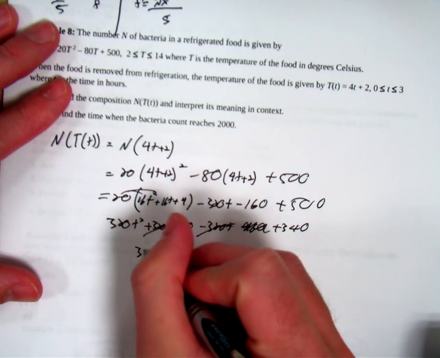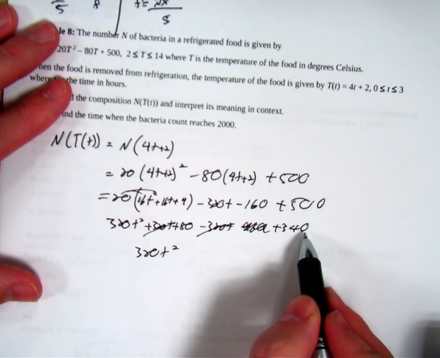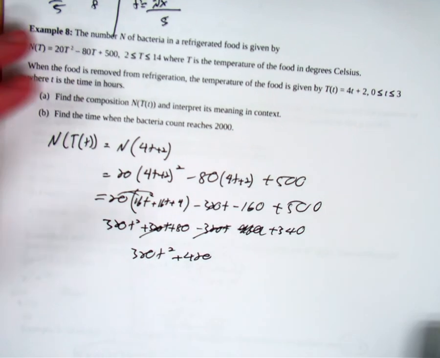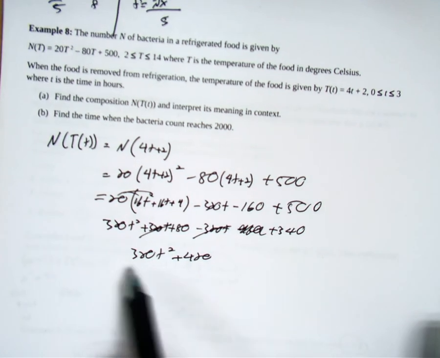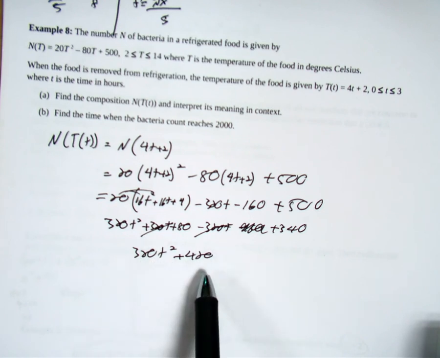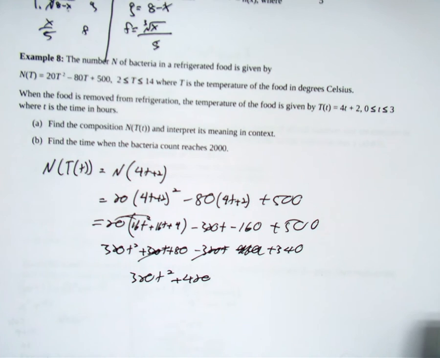We're going to have 320t squared. 340 and 80 should be plus 420. So this should be the number of bacteria in a refrigerated food t hours after being removed from the refrigerator, or, our adjustment to that problem, the power going out for a while.